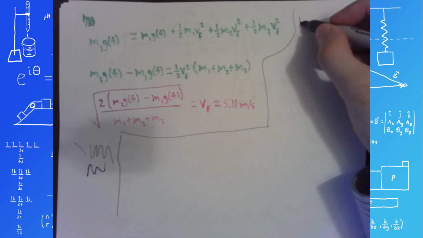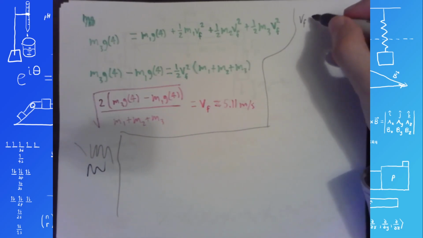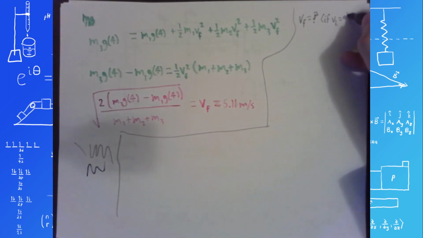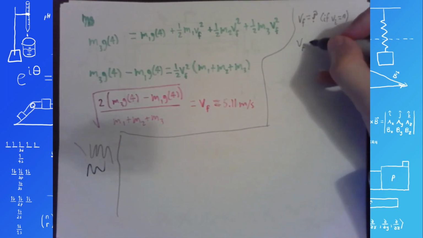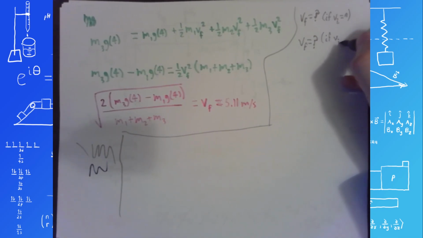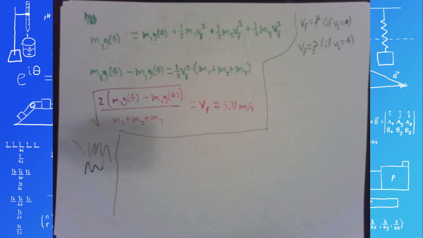So the questions are V final if V initial equals 0, and V final if V initial equals 4. Those are the two questions we are being asked.